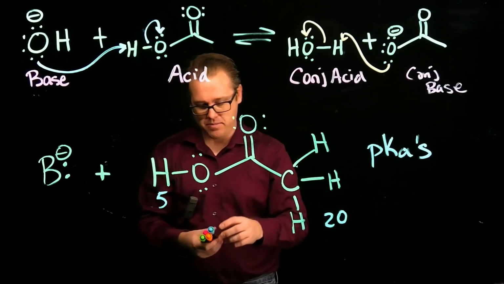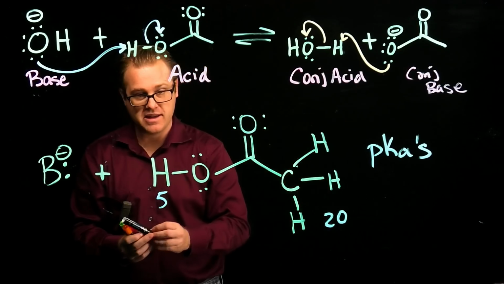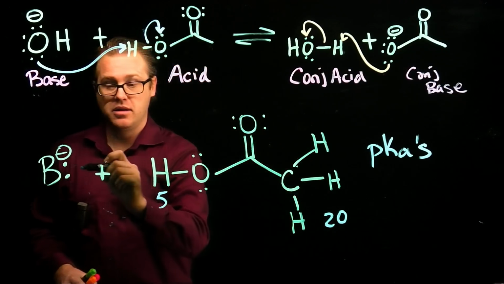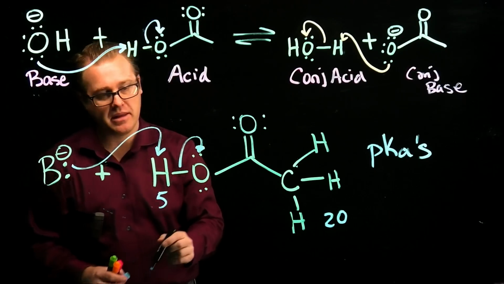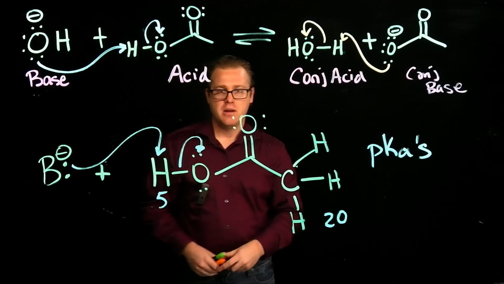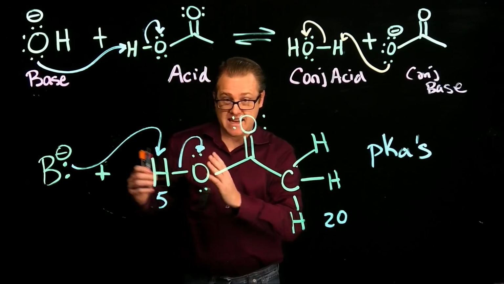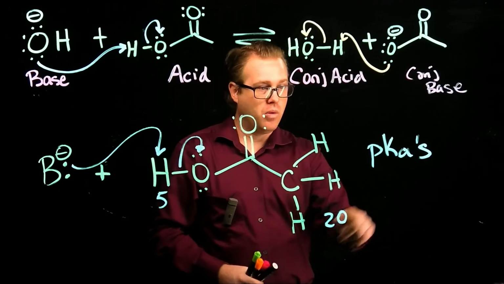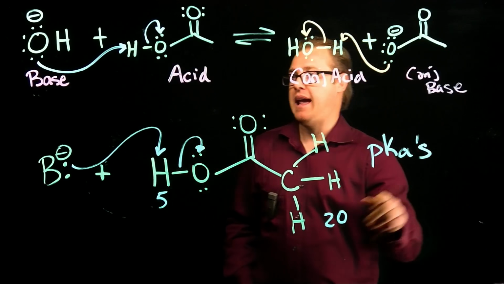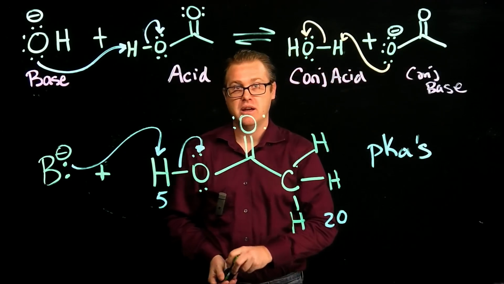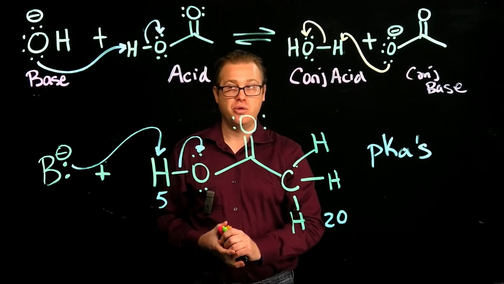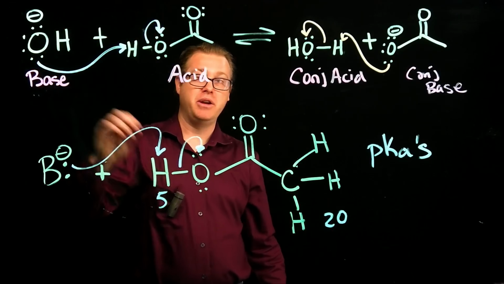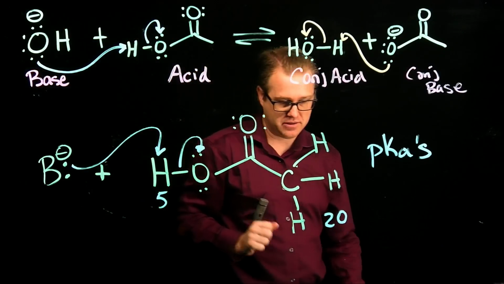Well, I know that bases are going to go towards the proton with the smallest pKa value. And we'll talk about that in a minute. But that's the segue into learning pKas. The pKas are going to help us figure out the most acidic protons, so we know which ones to abstract when we do an acid-base reaction.